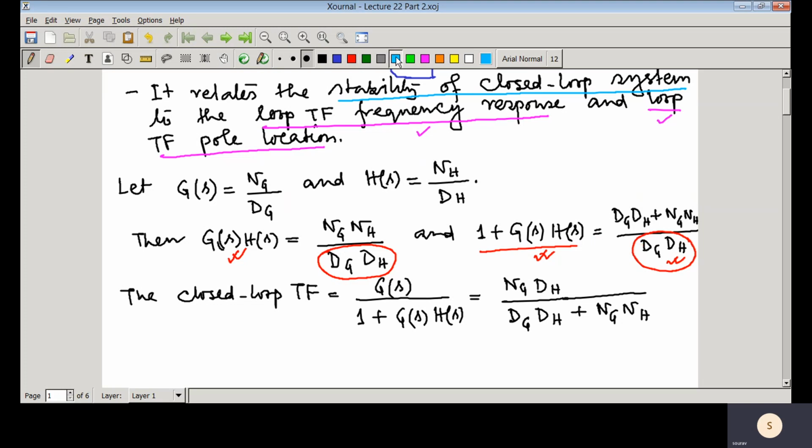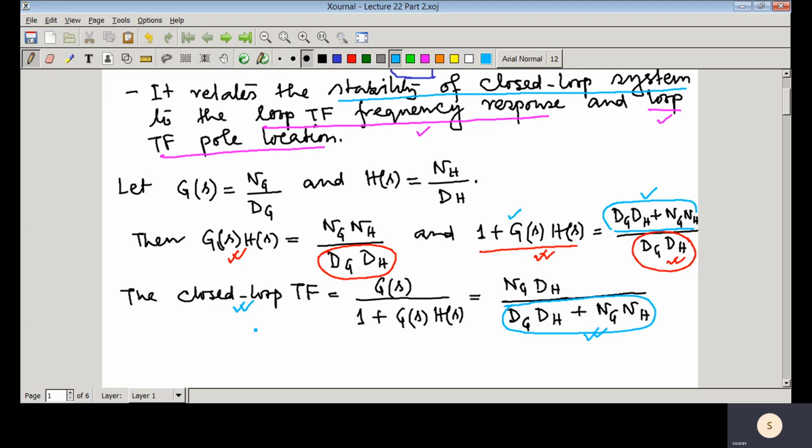On the other hand, the roots of the numerator polynomial are the zeros of 1 plus G(s)H(s), and these are nothing but the poles of the closed loop system.